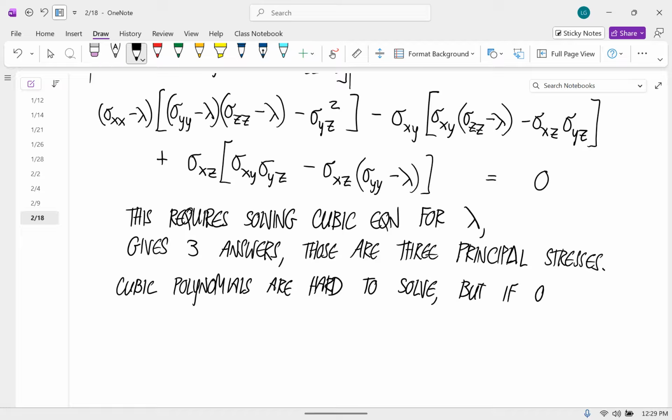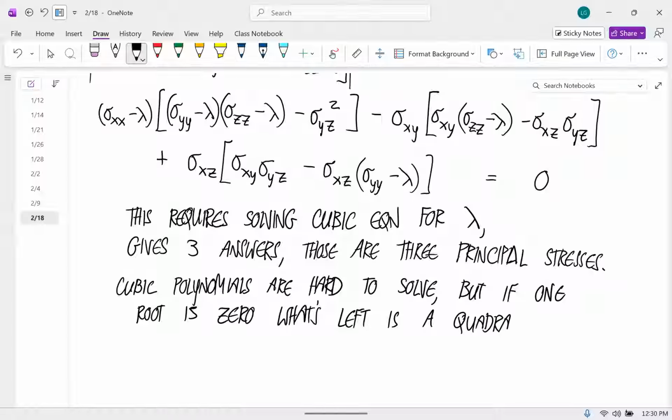But if one root is zero, what's left is a quadratic equation. And that's easy.